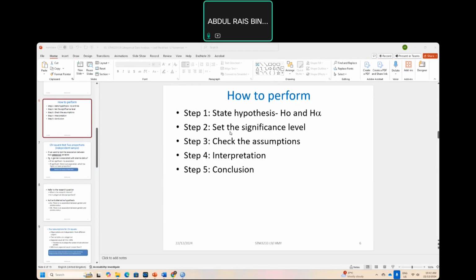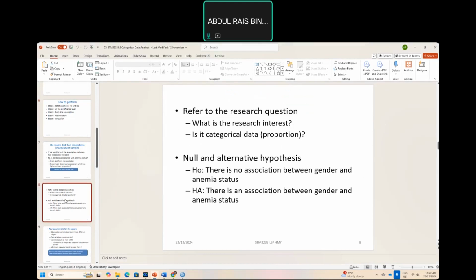Once you set the hypothesis, okay, set the significant level, macam biasa 0.05, check the assumption, do the data analysis, interpret, and conclude. Sama saja, right? Pastikan your data is categorical. Lagi sekali saya ingatkan, and cuba tengok macam contoh yang saya nyatakan tadi. Keywords here is association.